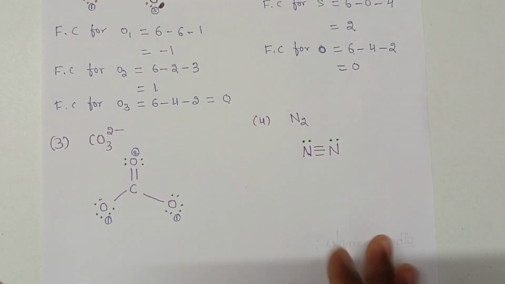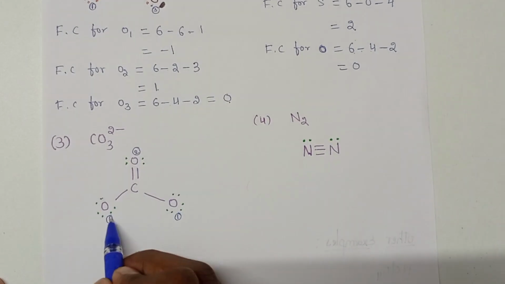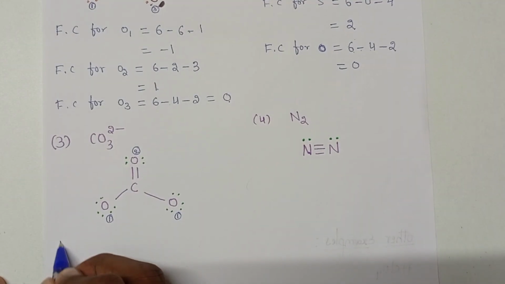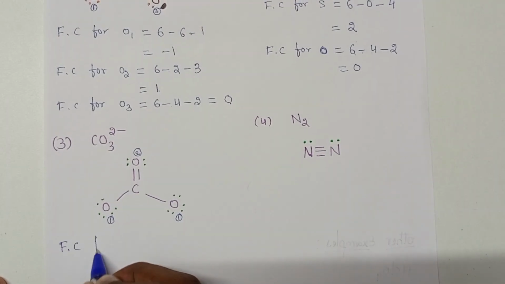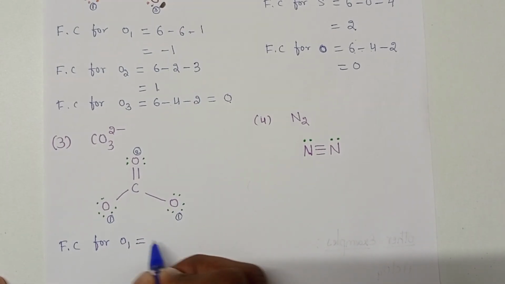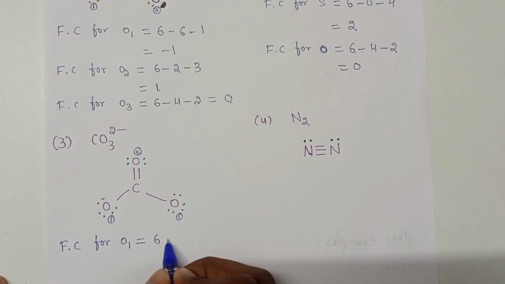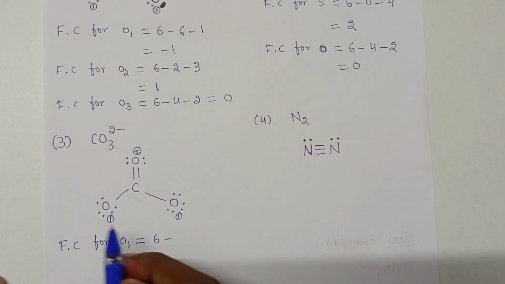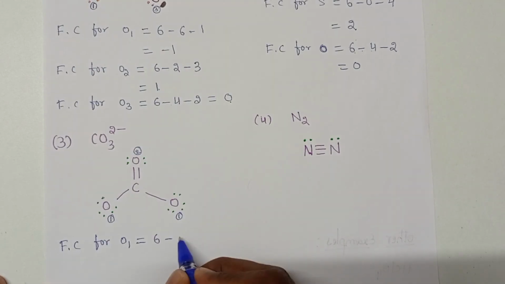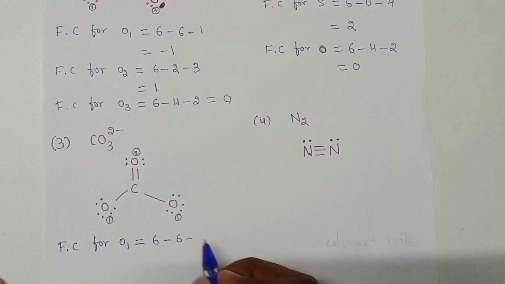The next example is CO3 2 minus. This is the Lewis dot structure of CO3 2 minus. I will calculate the formal charge for oxygen 1, this one. The number of valence electrons of oxygen is 6, minus number of lone pairs, 1, 2, 3, 4, 5, 6, minus number of bonds, which is 1.